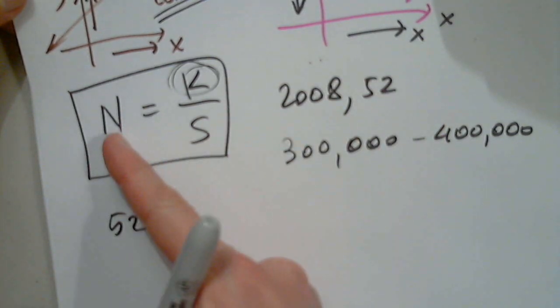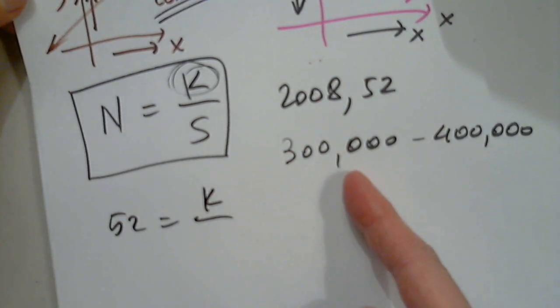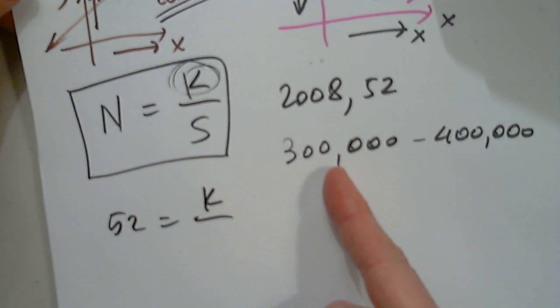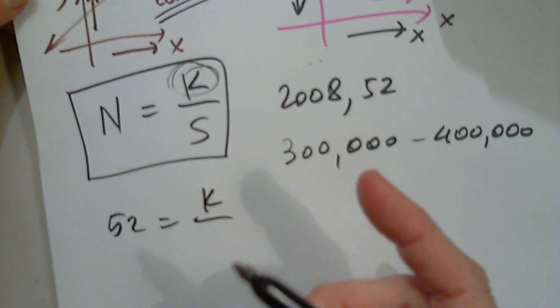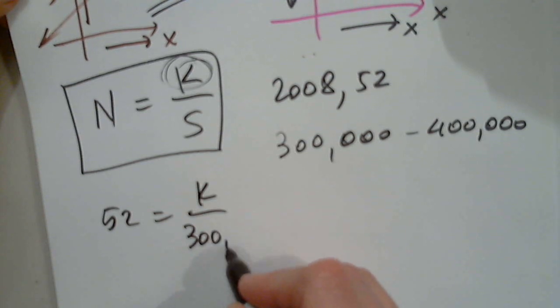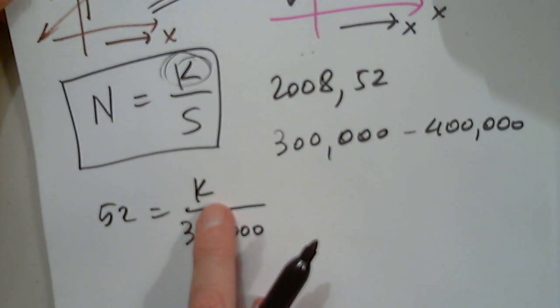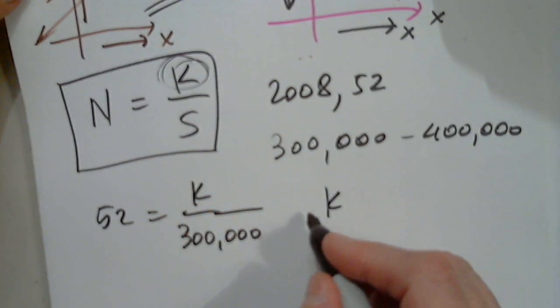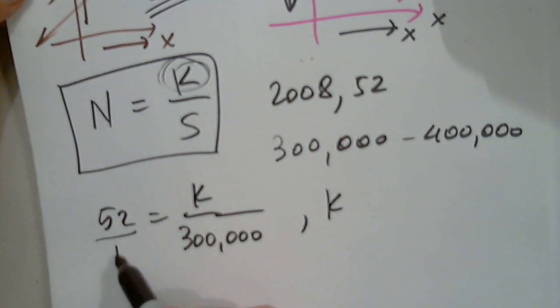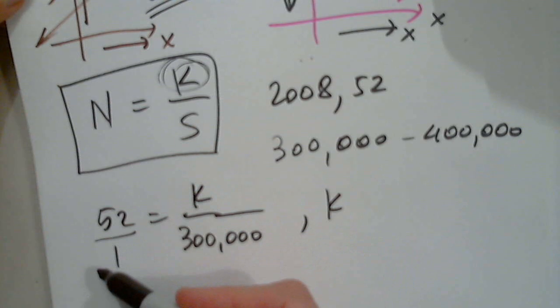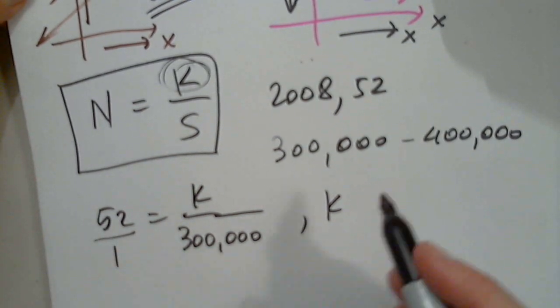That's our 52 equals K divided by 300,000. So that's the S. In order to determine K, we have to cross multiply because this is 52 over 1. So K times 1 equals 52 times this.